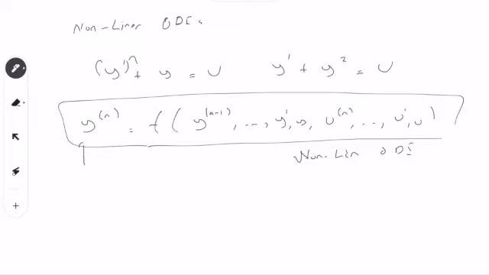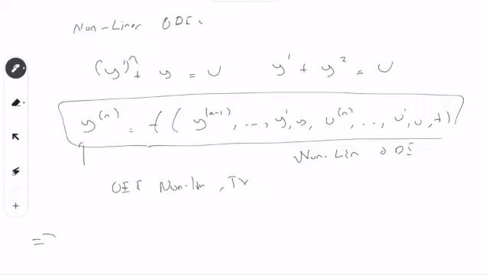This is a nonlinear ordinary differential equation. Actually, it is super easy to write an ODE that is nonlinear and time varying. What we do is simply add a new variable t. So this is now a time varying nonlinear ordinary differential equation.